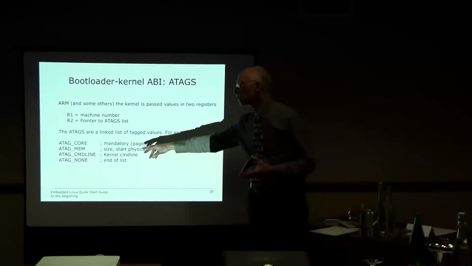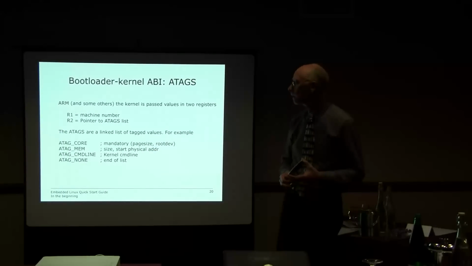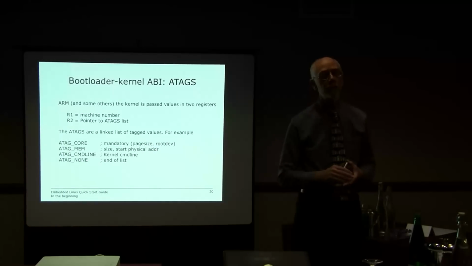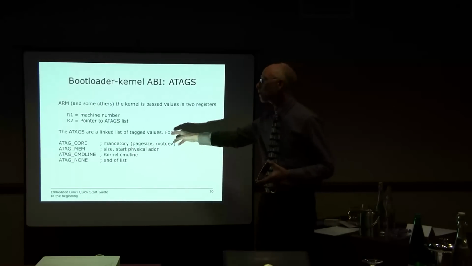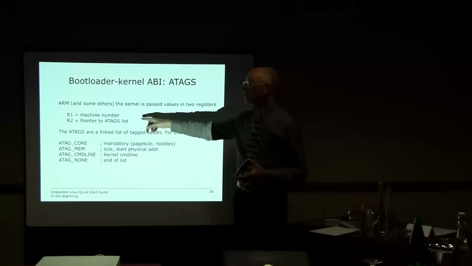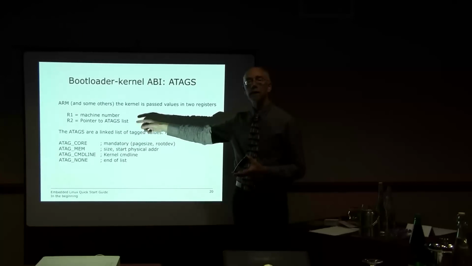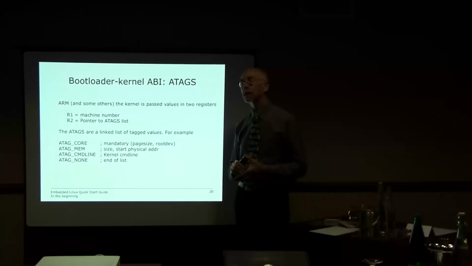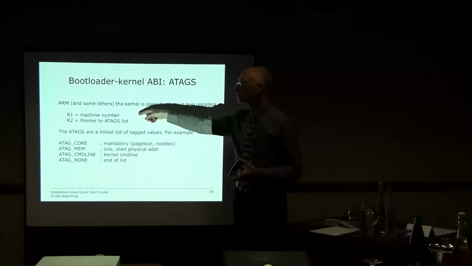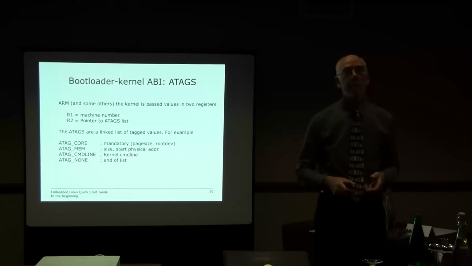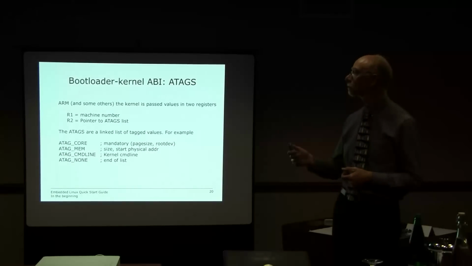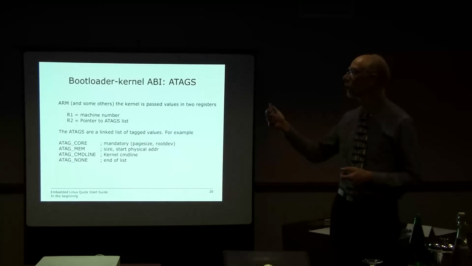The kernel command line actually goes in as one of these ATAGs, and so on and so forth. So essentially the bootloader will generate one of these structures and pass it in a register, R2 in actual fact, when it starts Linux up. Linux will then look at R2, register 2, and find all this stuff. So that's one way of doing it.